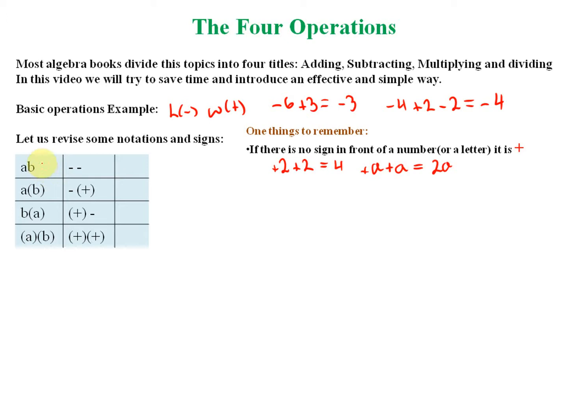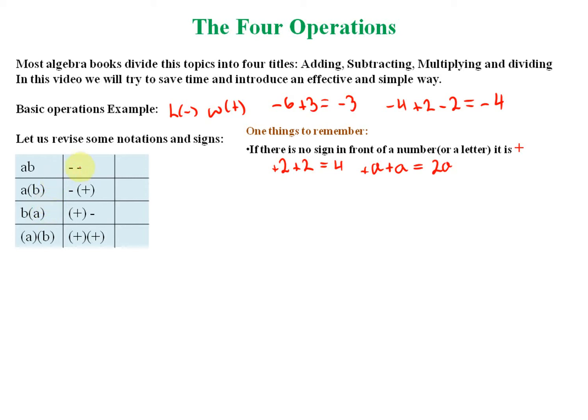We all know that algebra has different symbols for multiplication, like 2 parentheses, 1 parentheses. So all of these in this table indicate a multiplication between a and b. I want you to use the same concept with signs.